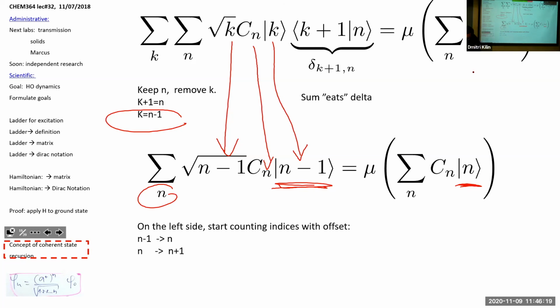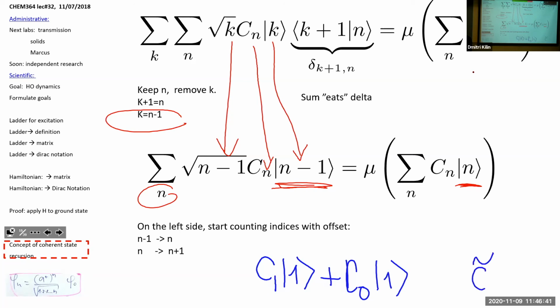And the idea is that, c0, c1, and so on.